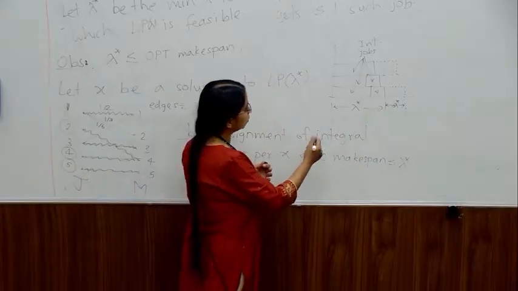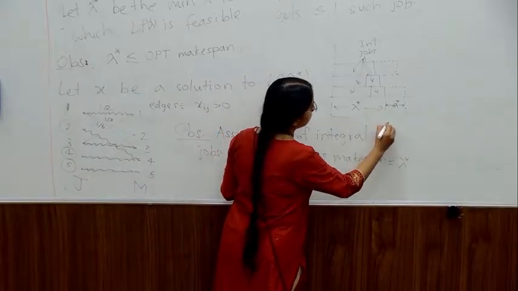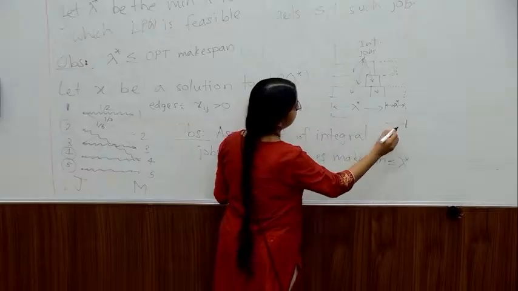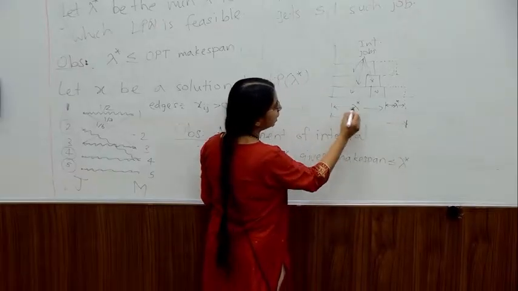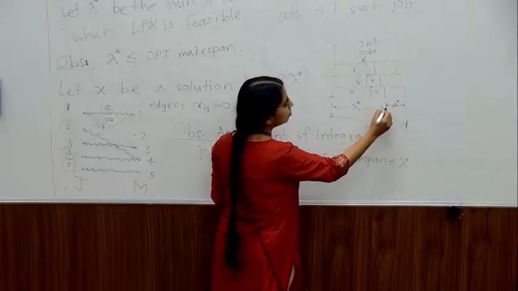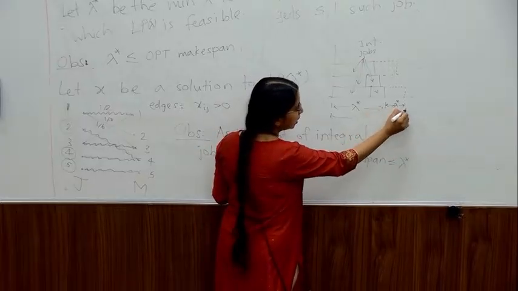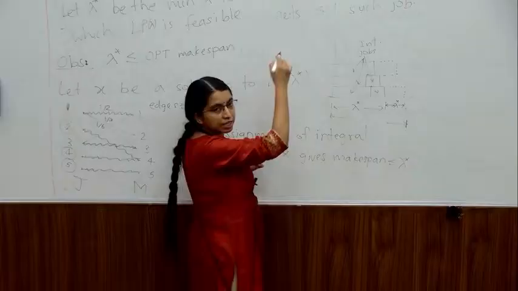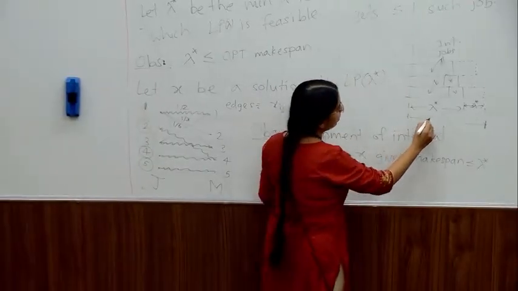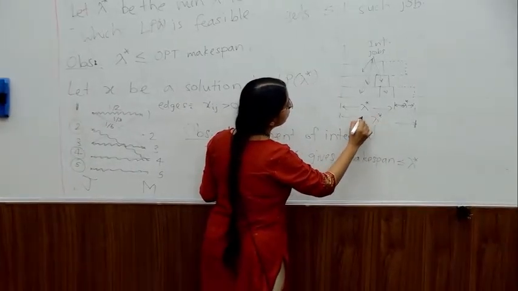So what is our total makespan? The original lambda star with integral assignments plus this extra at most lambda star from the rounding of the fractional ones. So this total is at most 2 times lambda star.